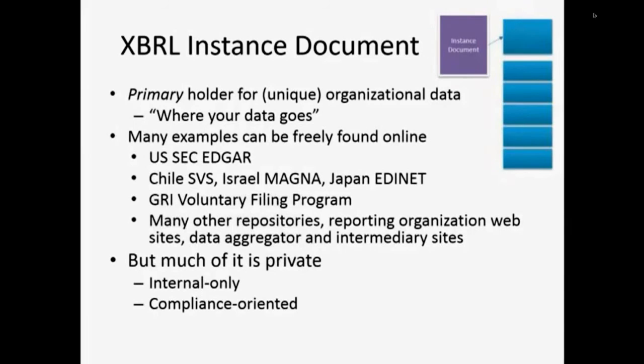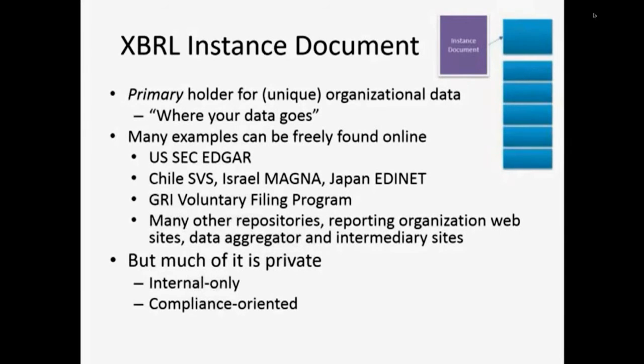Just as some company reports and data is used only internally or shared with the regulator for simple compliance, and some of those reports are made public and some aren't, the same is true about XBRL instances. At the time of this recording, for example, there are approximately 49,000 instance documents and their related files provided by 9,000 companies filing in U.S. GAAP with the SEC of the United States.